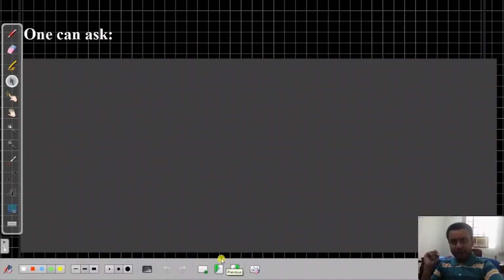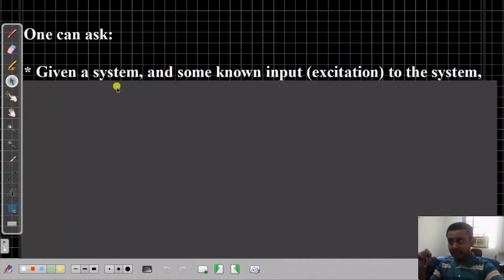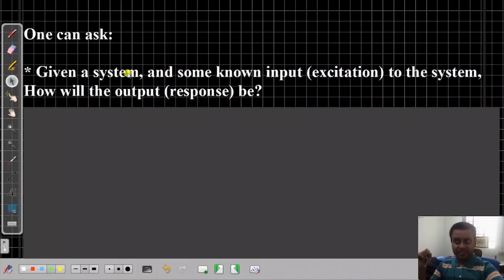We can often ask questions of the form that, given a system, for example our train, and some known input pattern, that is, say, how I am varying the position of the lever with respect to time, how will the output vary?